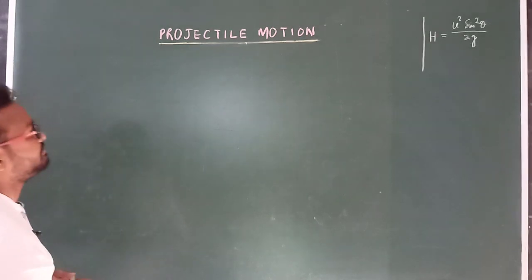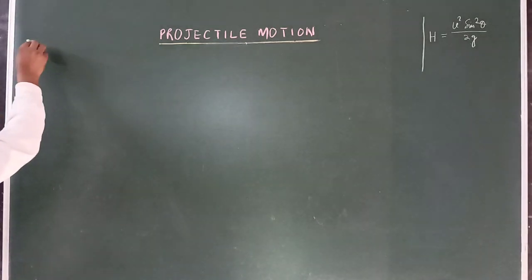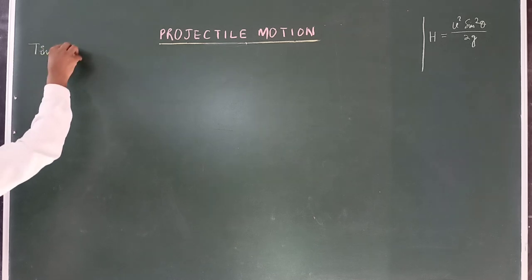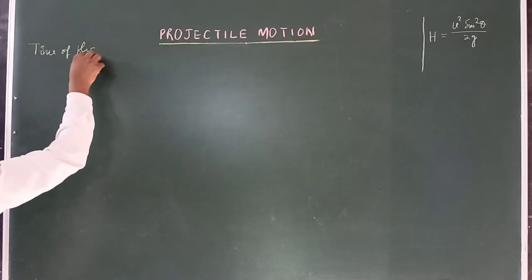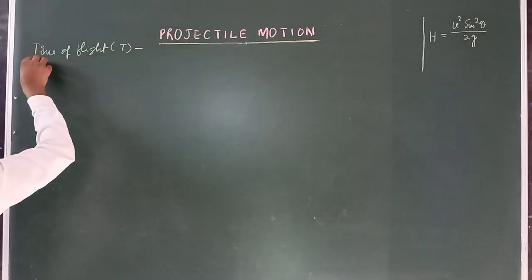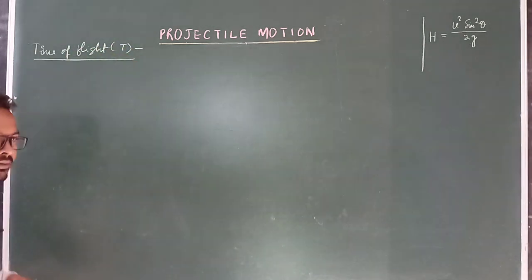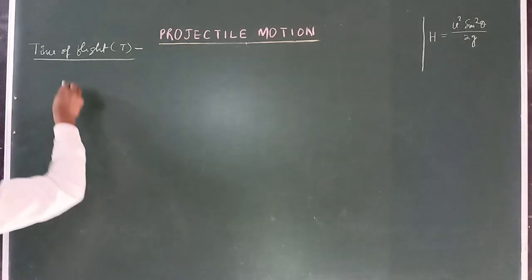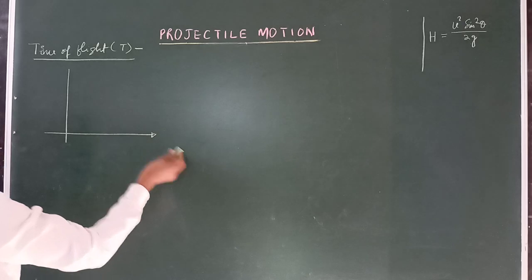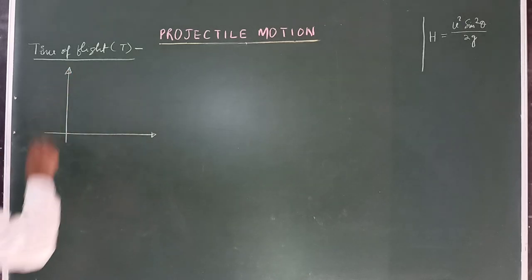Now we will start. Time of flight, denoted by capital T. So what is time of flight? We already discussed what projectile motion means. It is two-dimensional motion, and it is neither along the x-axis nor the y-axis.